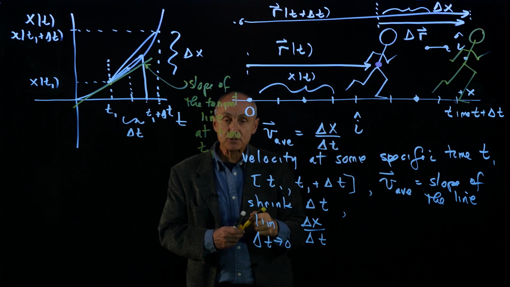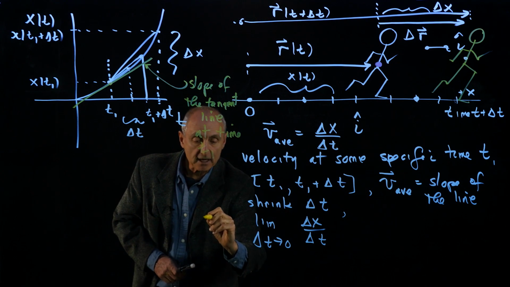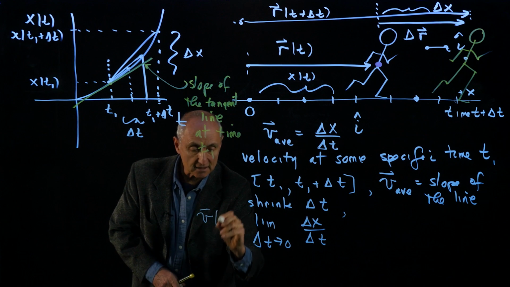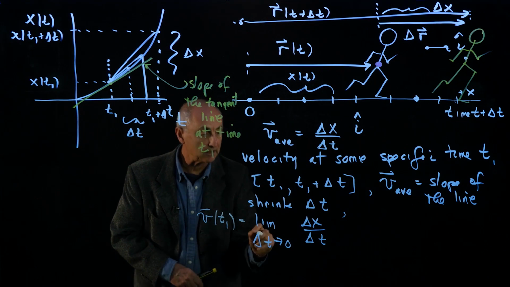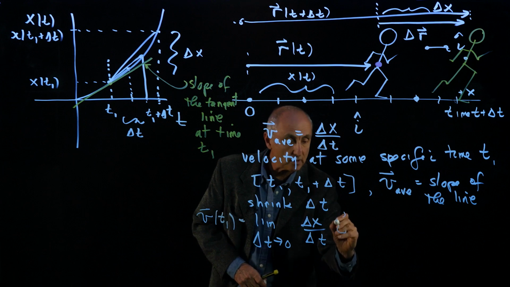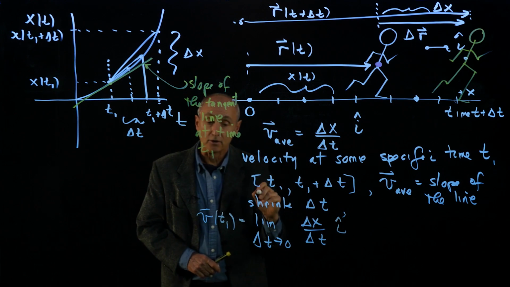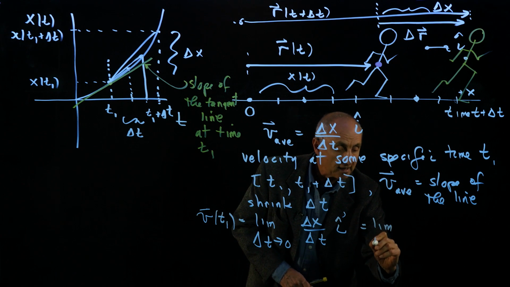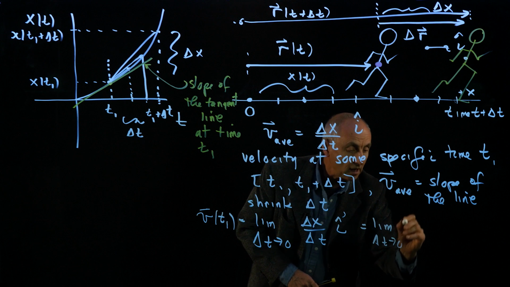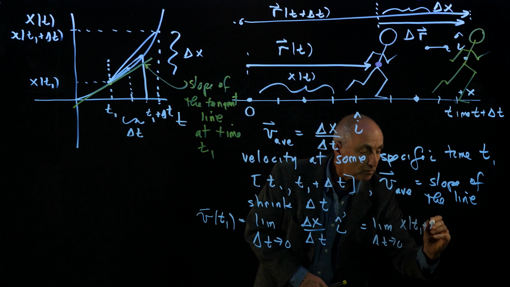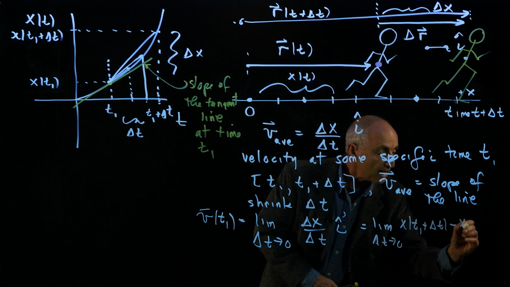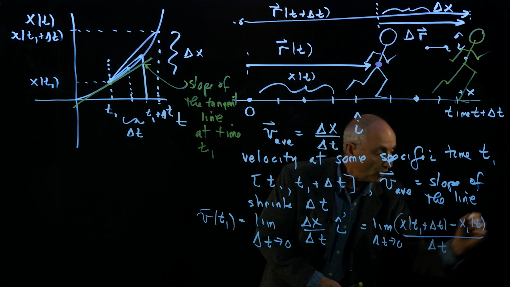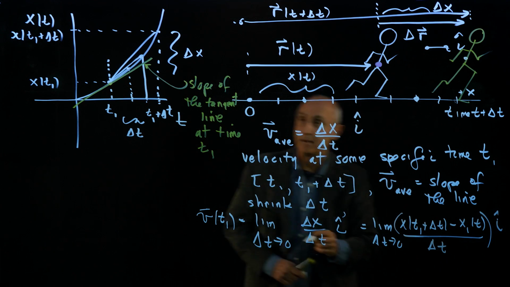And so in this particular case, what we mean by the instantaneous velocity, v at time t1, is the limit as delta t goes to 0 of x of t1 plus delta t minus x of t1, divided by delta t, and the whole thing is a vector in the direction i hat.